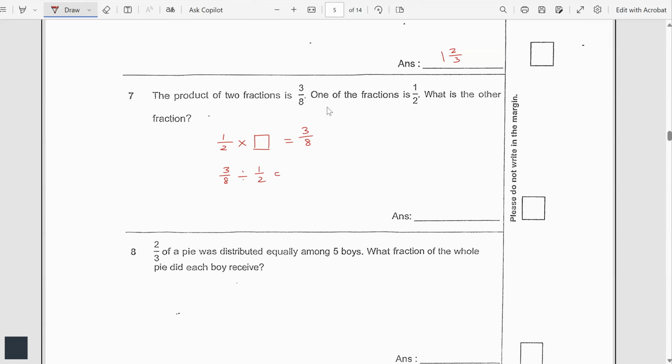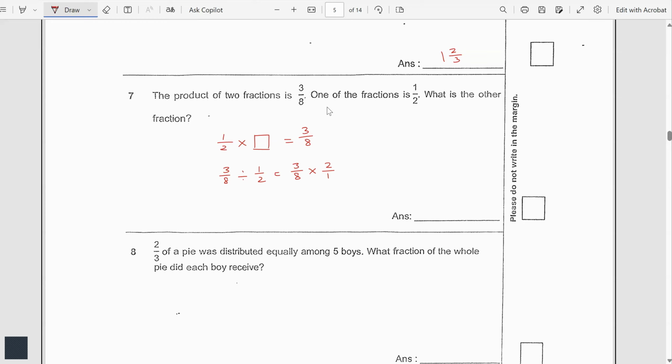Okay, when we do fraction divided by fraction, we want to apply this KCF. Keep, change, flip. Keep the first fraction, change the sign to times, and flip the fraction behind. So with this, I end up with fraction times fraction.